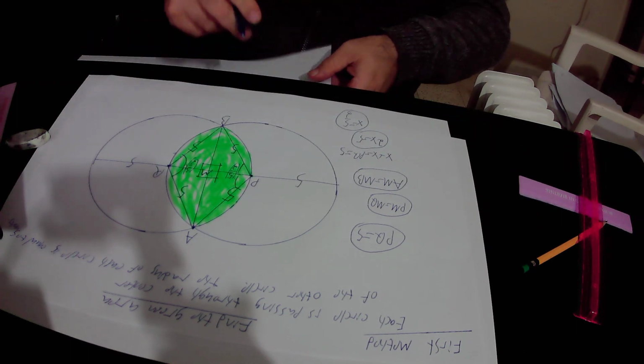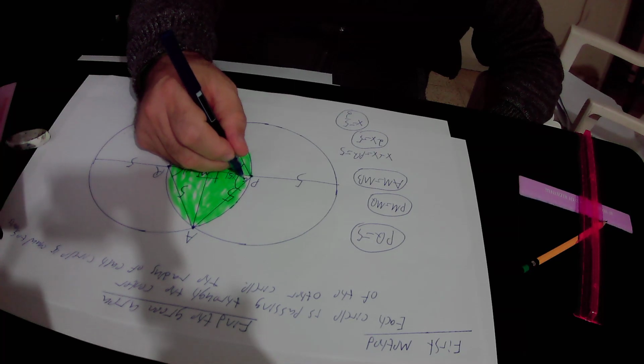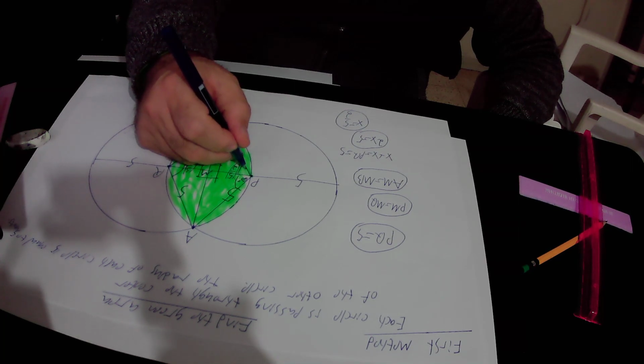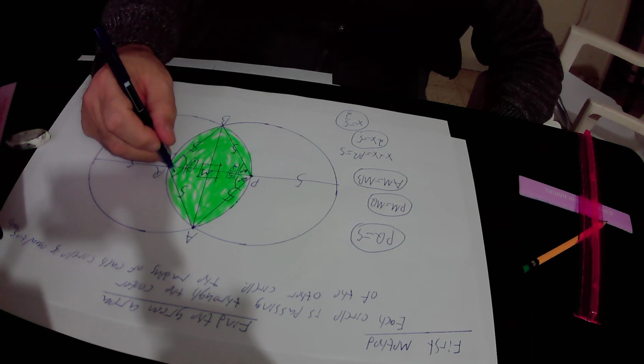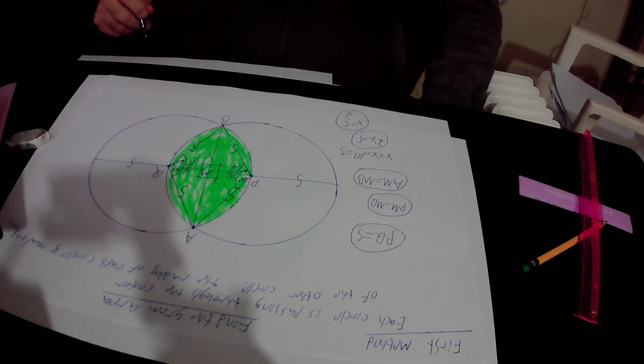So all those four angles are equal to 60 degrees. We can write here that this angle equals 60 degrees, this angle also equals 60 degrees, this angle equals 60 degrees, and this angle also equals 60 degrees. Okay?